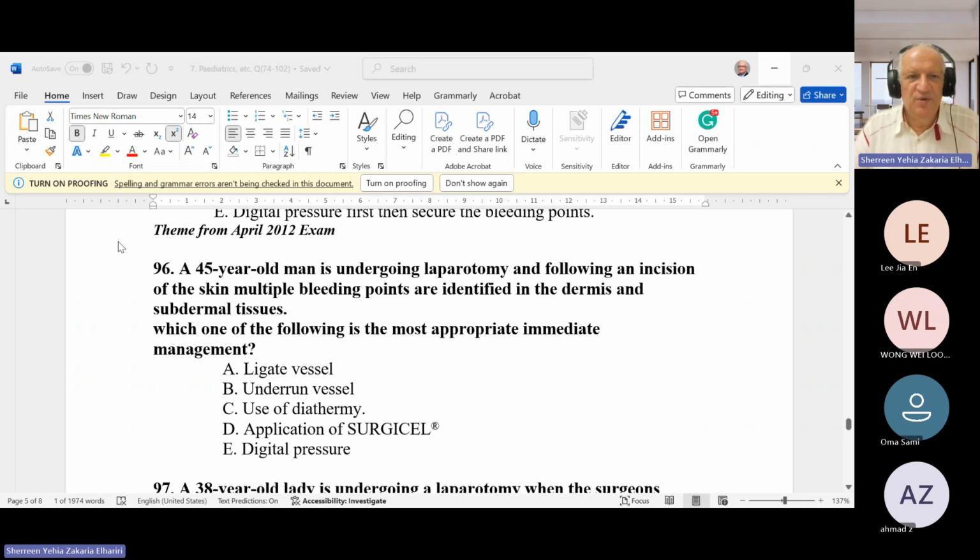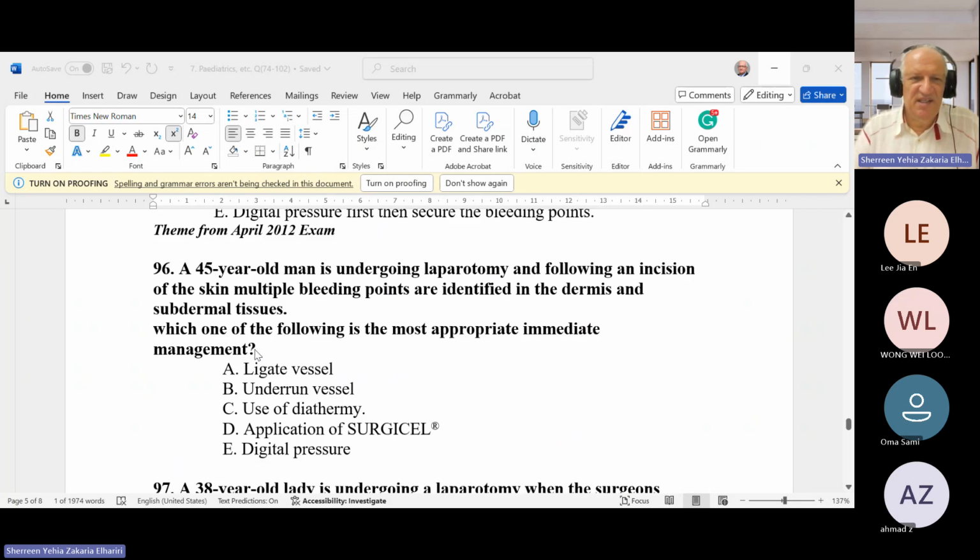Okay. Next one, a 45-year-old man is undergoing laparotomy following an incision of the skin. It is common to see, under the skin, the subcutaneous fat, many bleeding points identified in the dermis and subdermal tissue. What is the most appropriate immediate management?